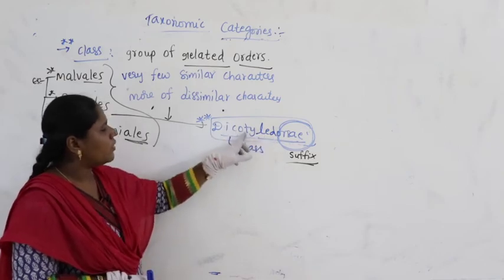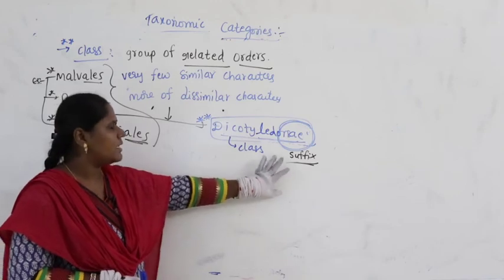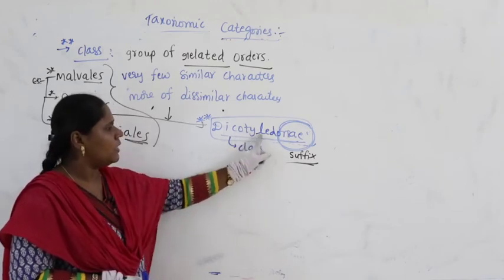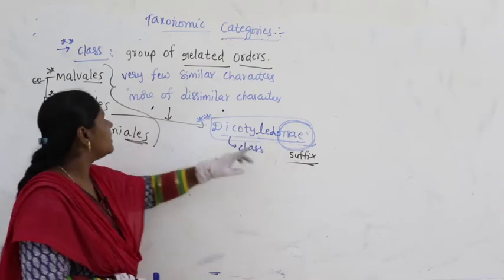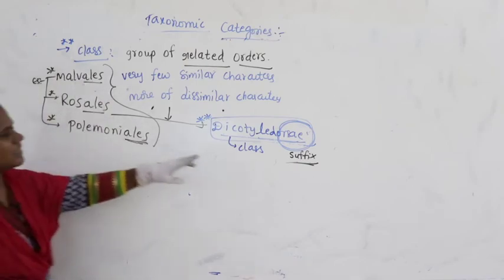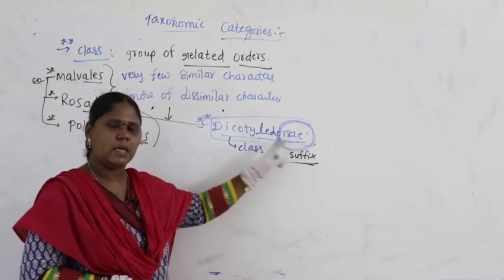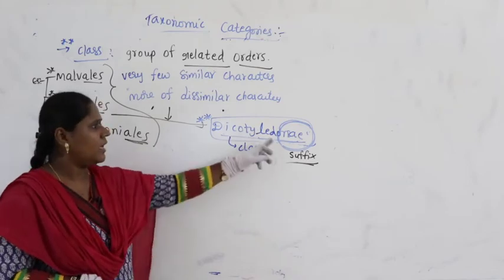So NAE is nothing but a suffix name. That means the class ends with the suffix NAE: Dicotyledonae, Monocotyledonae.